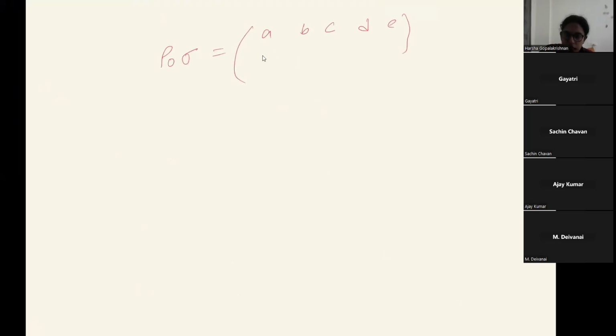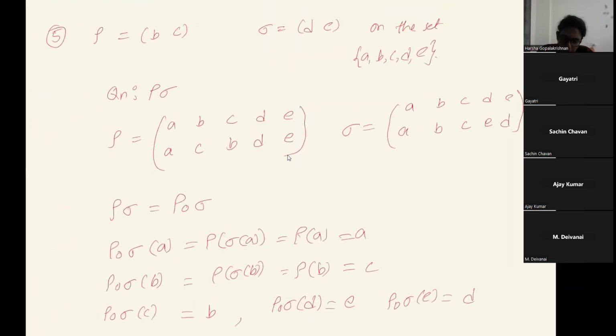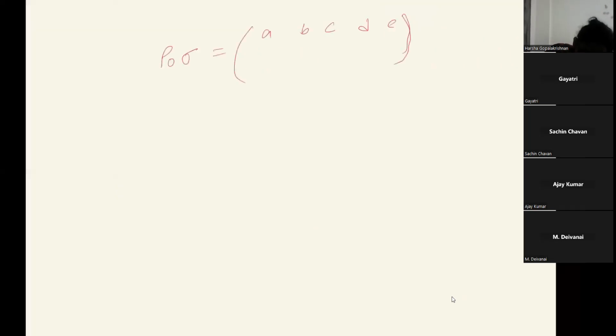A is mapped to A, B to C, C to B, D to E, and E to D. So the order is A, C, B, E, D.